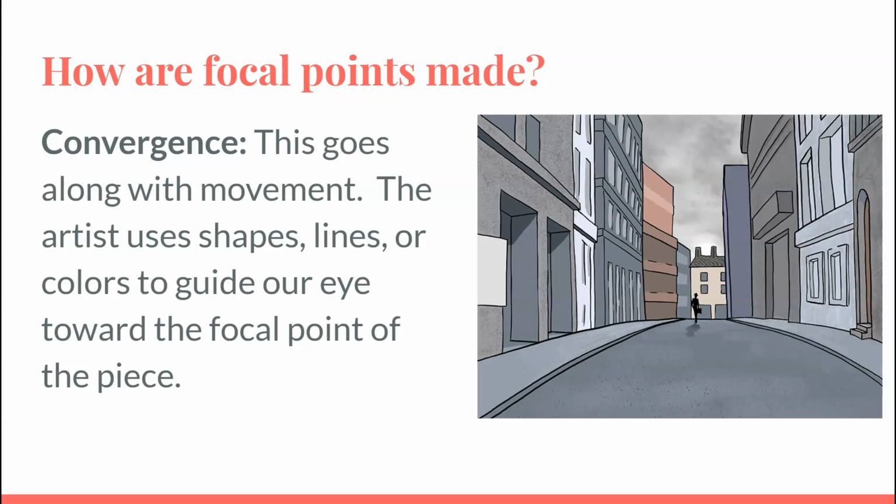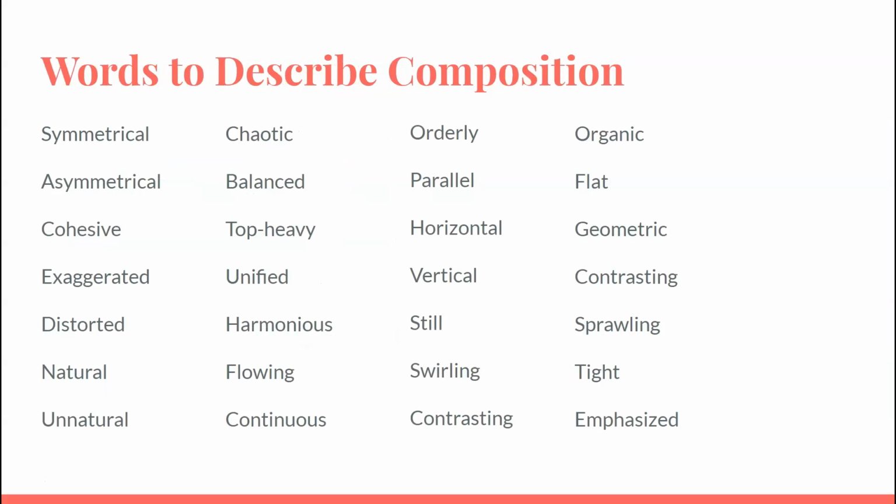If we look at this image right here, we see all of these lines, as in the street, the sidewalk, the shapes of the buildings, are all drawing our eye. They're all moving towards this figure right there in the distance. We know that that's our focal point because that's where all of our convergence is leading our eyes.